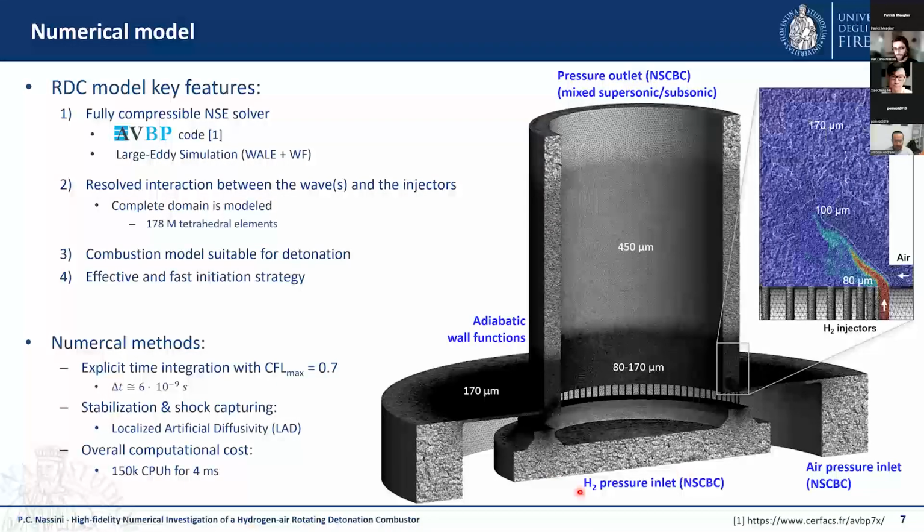And specifically, we are using a Navier-Stokes characteristic boundary condition, both at the inlet but also at the outlet, where you can see here the domain is not cut.